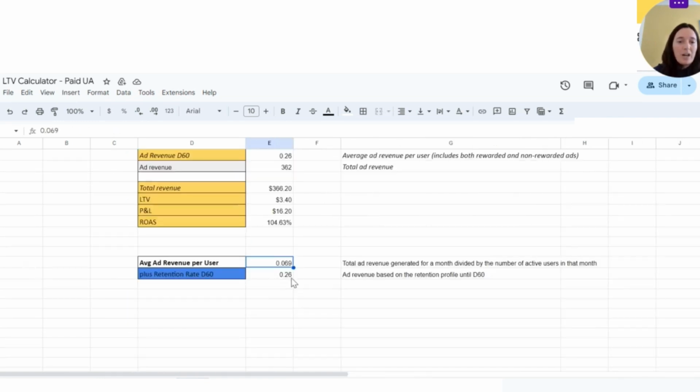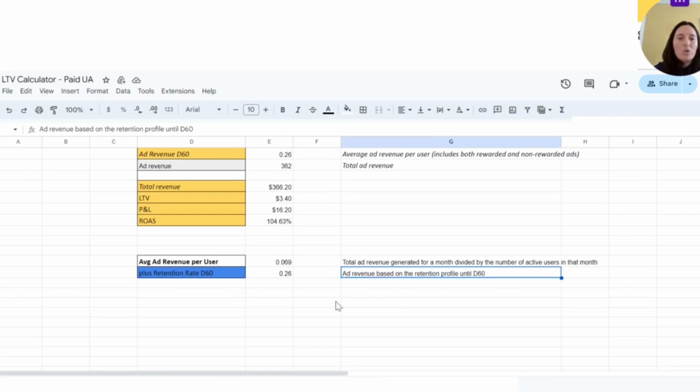This is how we get to this $0.26, because we are adding up the retention rate at day 60. Let's see now how we calculate the rest of our LTV value and put this ad revenue in context.